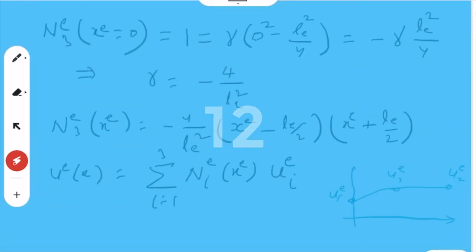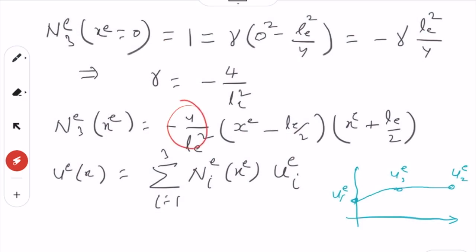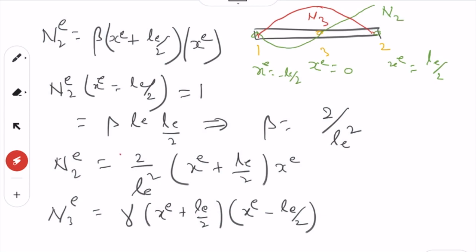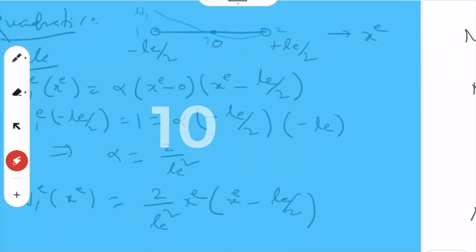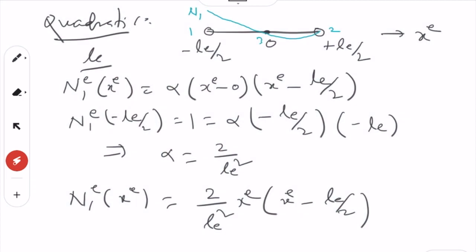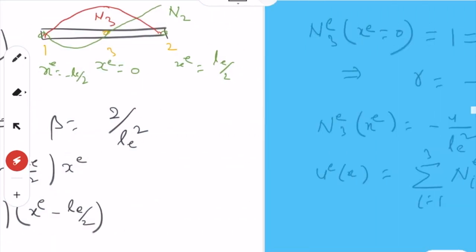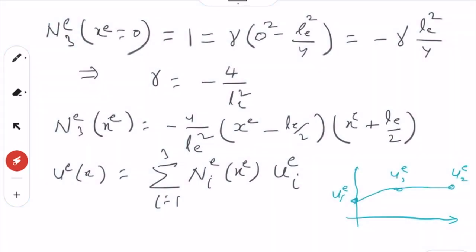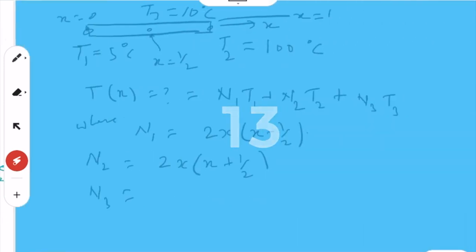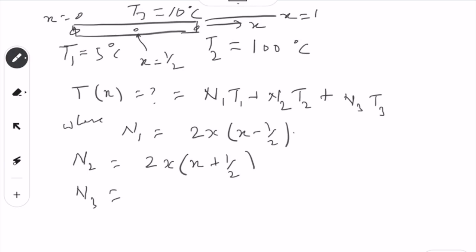So accordingly we can write N3 as minus 4 times (x square minus 1/4).